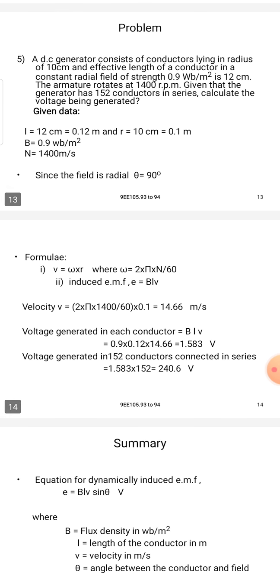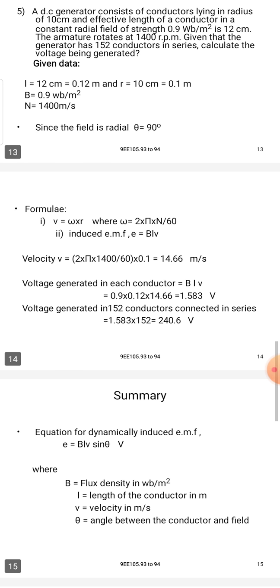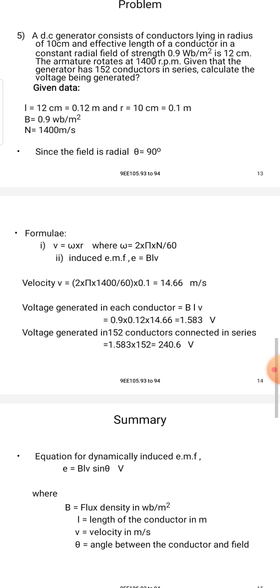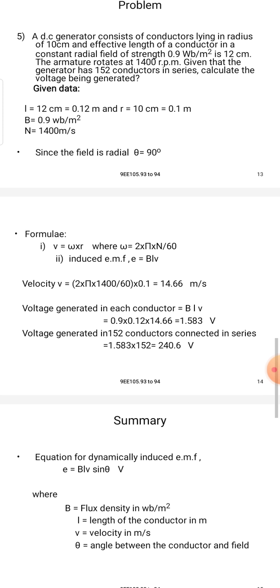Write the given data of the problem. Length L is equal to 12 centimeters, that is 0.12 meters. R is equal to 10 centimeters, that is 0.1 meters. Convert to meters: 12 into 10 power minus 2, that is 0.12 meters, and 10 into 10 power minus 2, that is 0.1 meters.